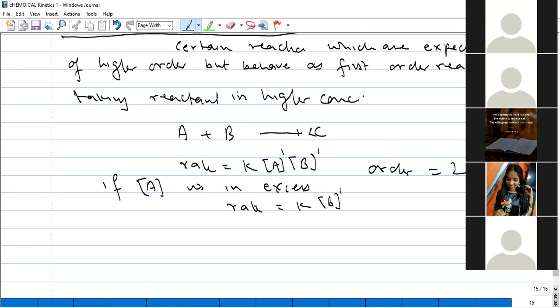But if A is taken in excess concentration, then the rate will depend only upon B. It will not depend upon A. So such reactions which are of higher order but behave as first order are called pseudo first order reaction.